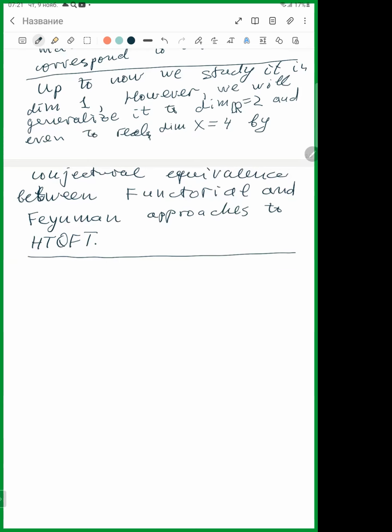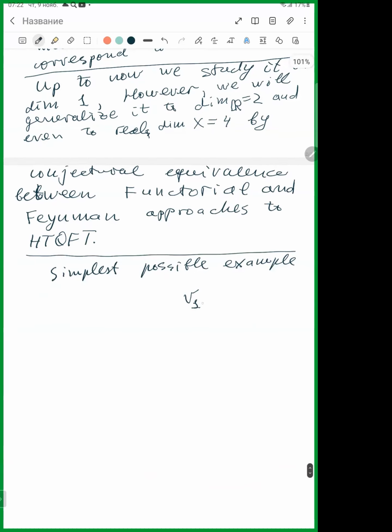So let me start with the simplest possible example. Suppose I have V1, and here I use what I defined last time.